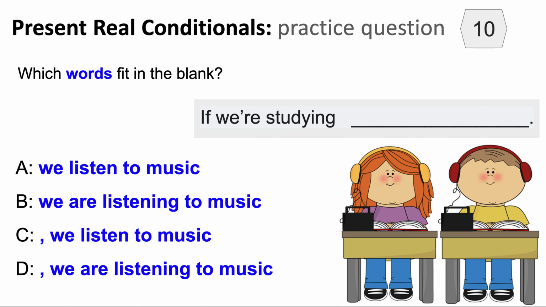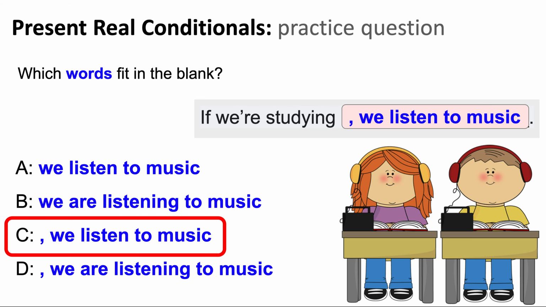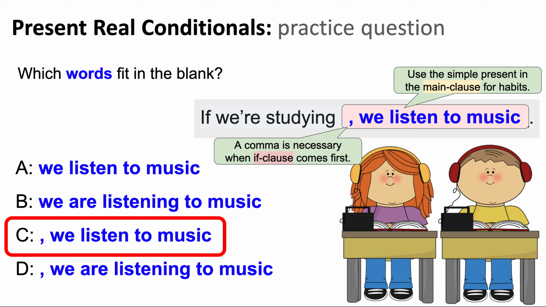Next. If we're studying, we listen to music. We use the simple present in the main clause for habits. Also, a comma is necessary when the if clause comes first.